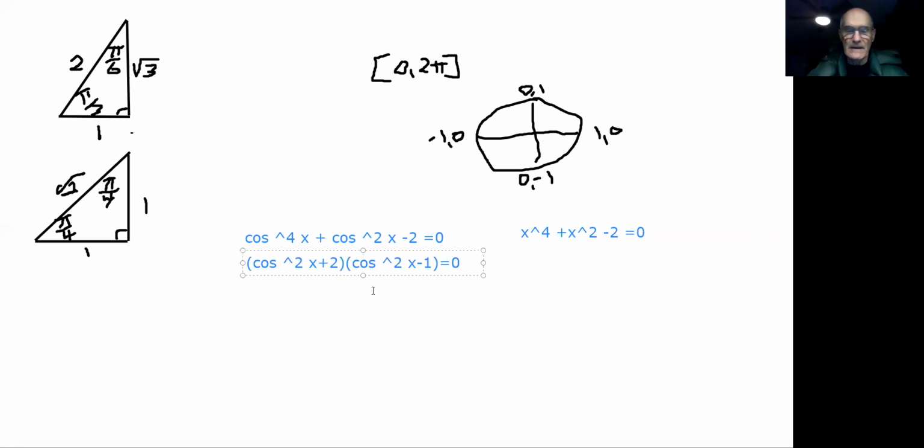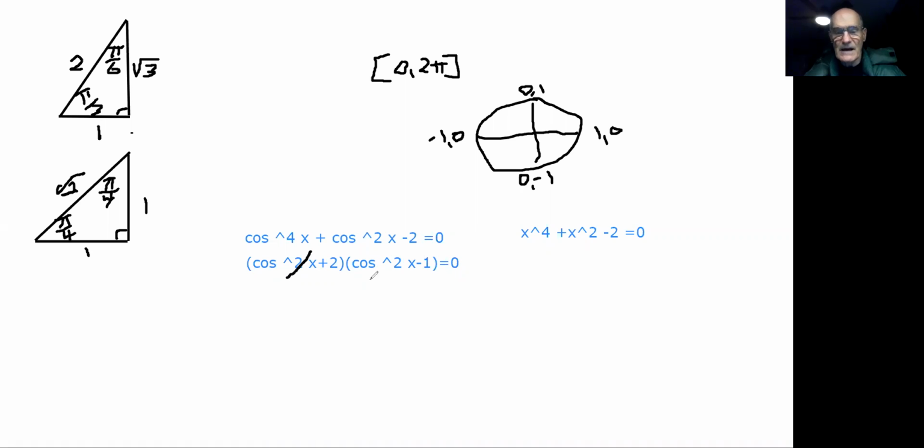Now, if I look at cosine squared x plus 2, that's positive. So this expression here can never be 0. So you know it won't work. You can just put a slash through it like that.